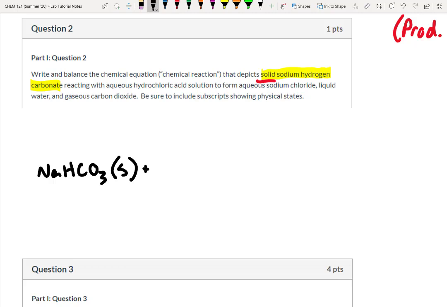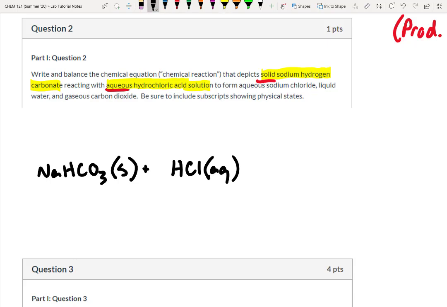Okay? And it says we're going to react this with aqueous hydrochloric acid. Hydrochloric acid is HCl. And to indicate that it's aqueous, we need to put the symbol aq after it. Hydrochloric acid in its pure form is actually a gas, but in this case, it's telling you that it's in a solution, implying that it's a gas mixed with water, which is kind of interesting.